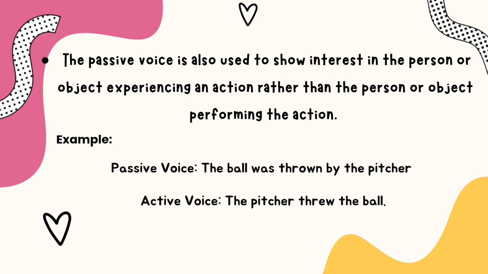In other words, the most important thing or person becomes the subject of the sentence. For example, in "the ball was thrown by the pitcher," the ball, what is the subject, receives the action of the verb, and "was thrown" is in the passive voice. The same sentence in the active voice will be "the pitcher threw the ball."